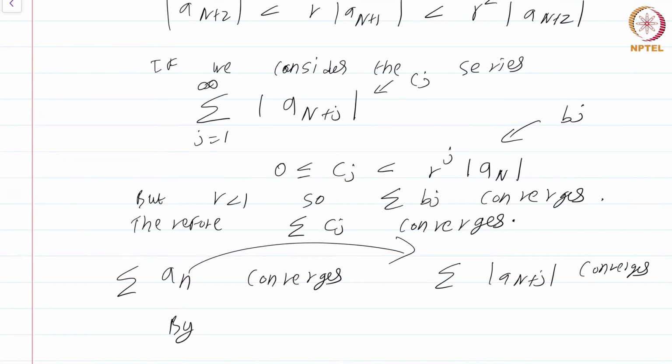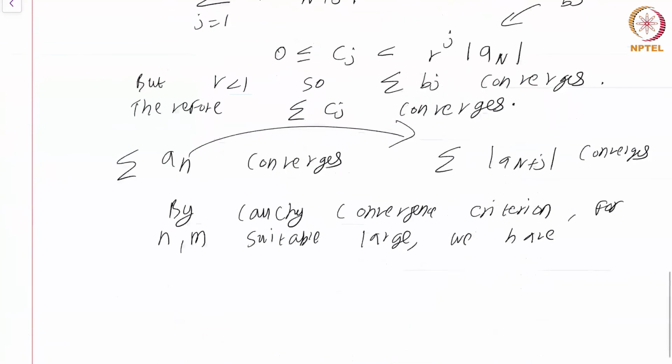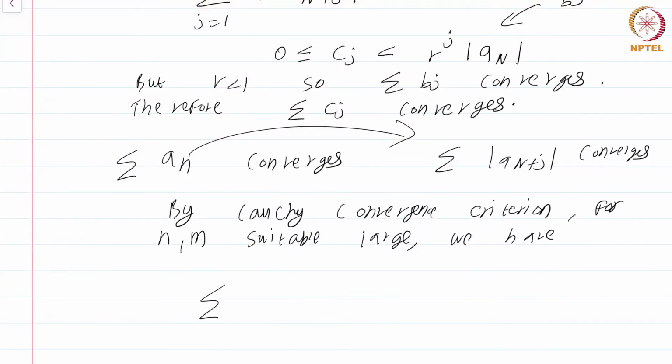By the Cauchy convergence criterion, for n, m suitably large, we have summation j equals m to n, with n greater than m, of mod a_(n+j) is less than epsilon.